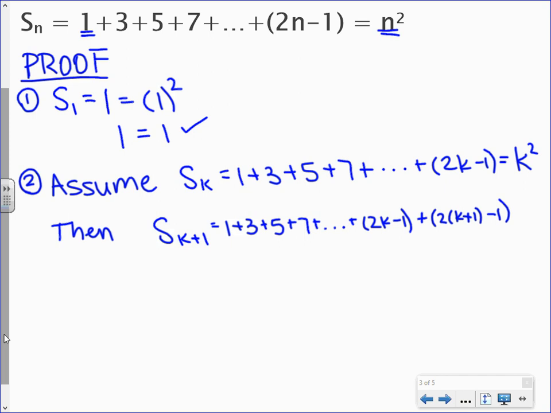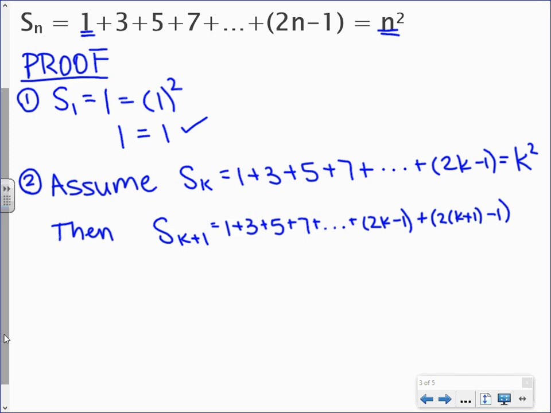Now, we don't know what this equals. We can't write equals blah, blah, blah. However, we know what we want it to equal. If the k sum is k squared, what do we want the k plus 1 sum to be? K plus 1 squared.